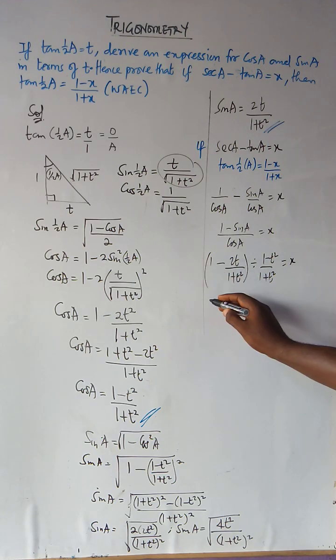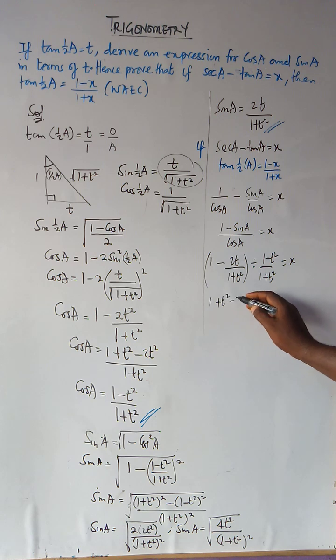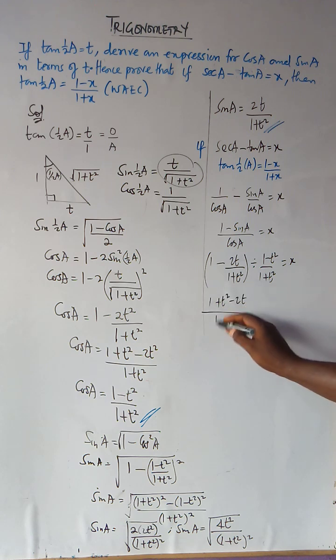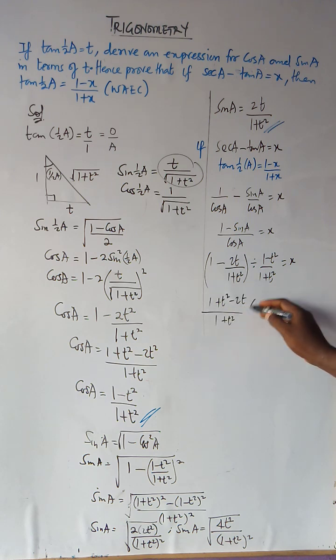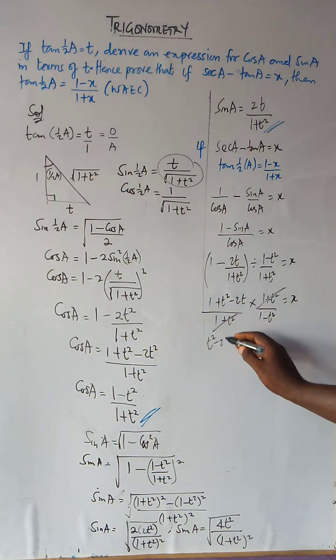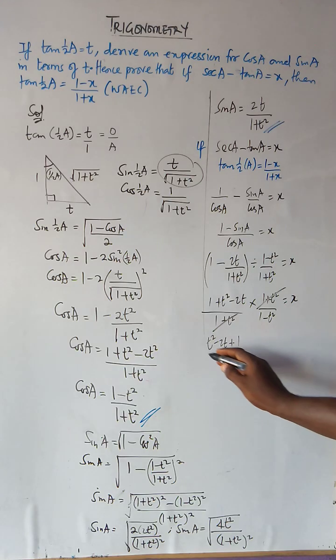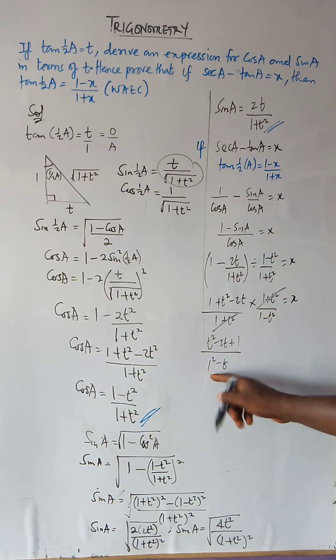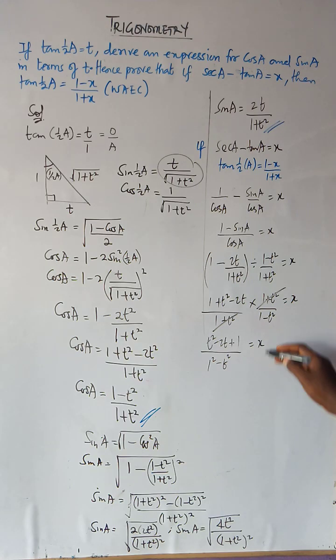So this is 1 plus t squared minus 2t over 1 plus t squared, times 1 plus t squared over 1 minus t squared equals x. This cancels this. So this is like a quadratic equation: t squared minus 2t plus 1 over 1 minus t squared. I can also write it as 1 squared minus t squared, equals x.